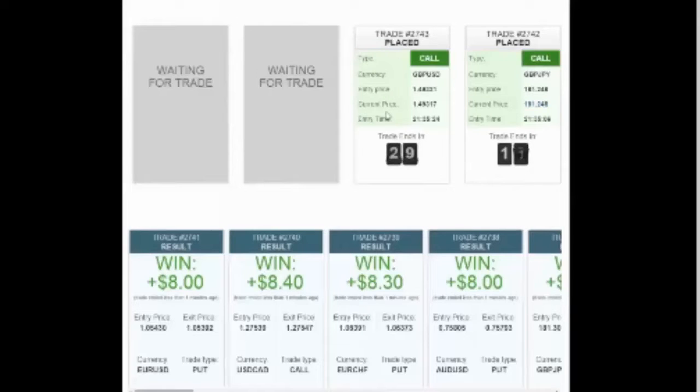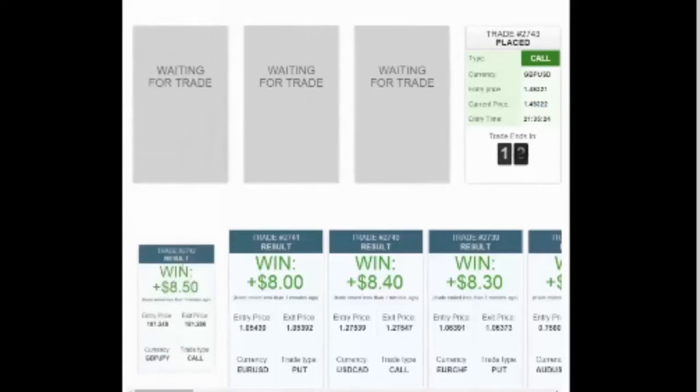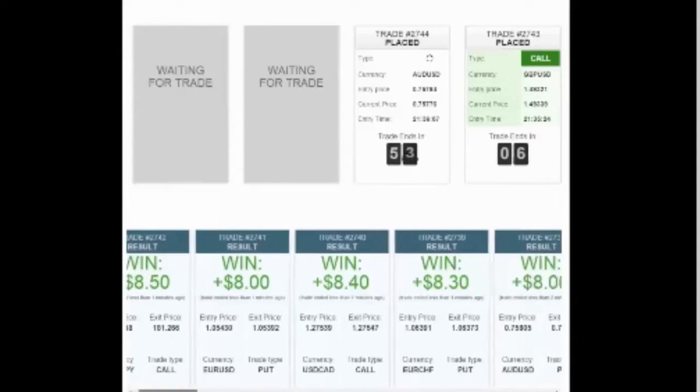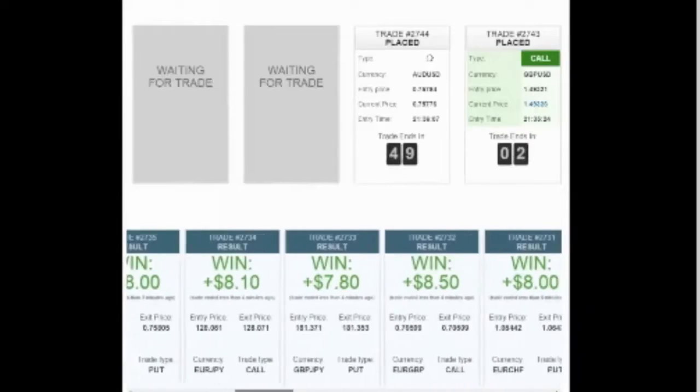So, again, a call trade placed, 27, 26, 25 seconds to go. This trade's about to end. And again, once it ends, it slides to the right and appears down here on the expired trades, the trades that have ended. Now if you scroll down here, you will see previous trades for the day.